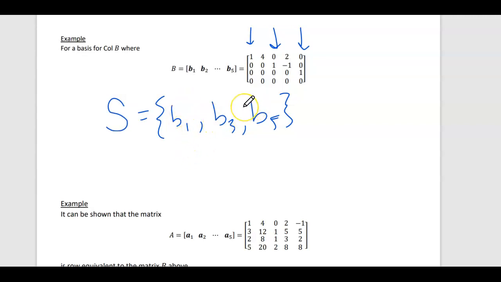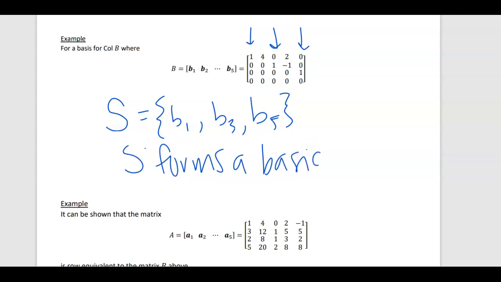And so S forms a basis for the column space of B, because any linear combination of B1, B3, and B5, so all the pieces of S, gives all of the column space of B. So B1, B3, B5 forms that basis. That's a better way to say this, okay?